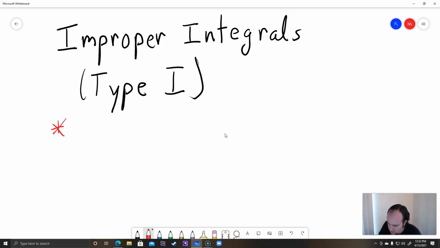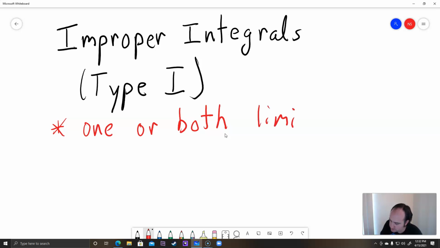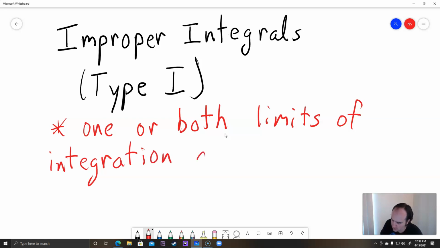Okay, that's a type 1 improper integral.